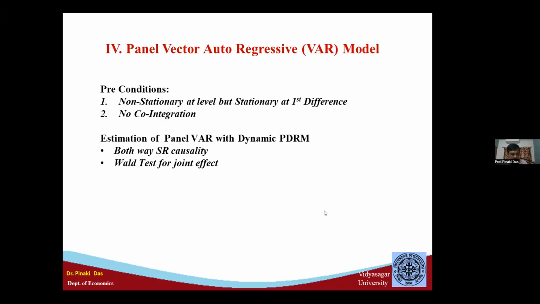I think you are able to understand the theoretical background behind the panel co-integration test, panel unit root test, vector autoregression model, and vector error correction model. Have you any query regarding this concept?